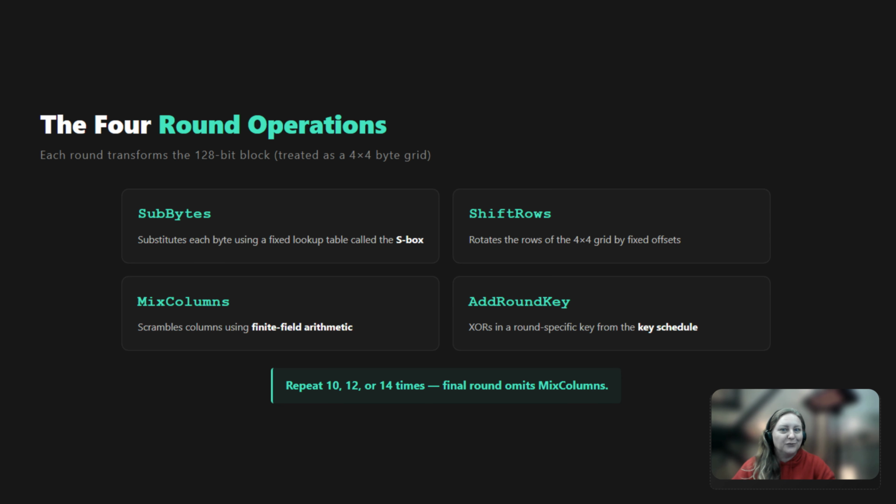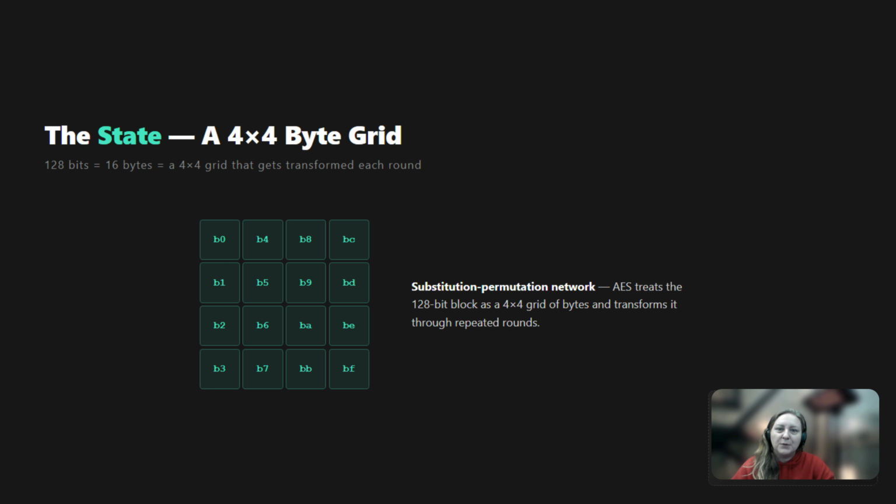AES is what cryptographers call a substitution permutation network. Each round of AES applies 4 transformations to the 128-bit block, treated as a 4x4 grid of bytes. SubBytes substitutes each byte using a fixed lookup table called the S-box. ShiftRows rotates the rows of the grid.